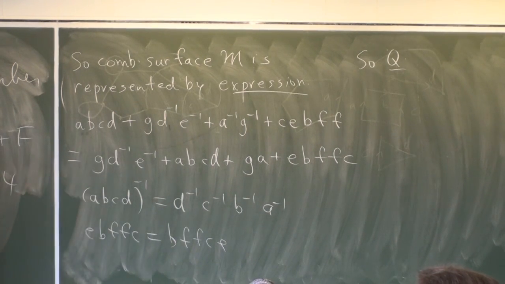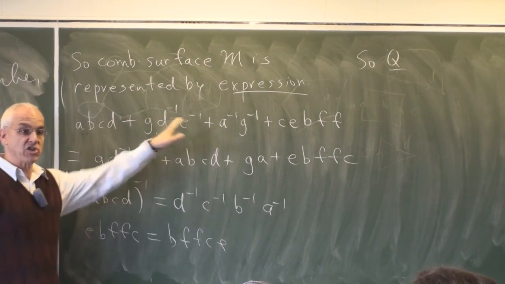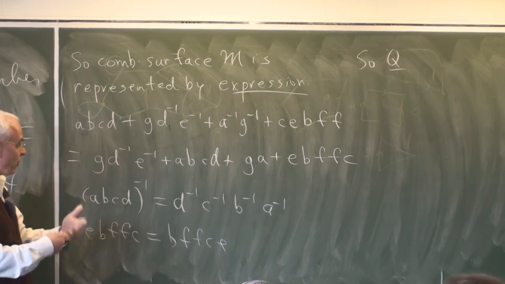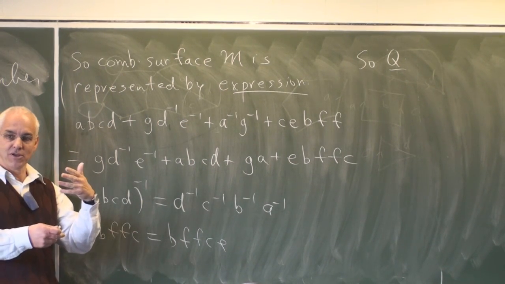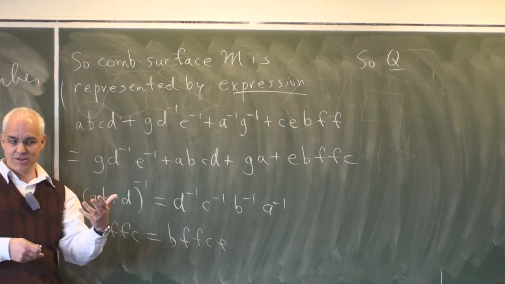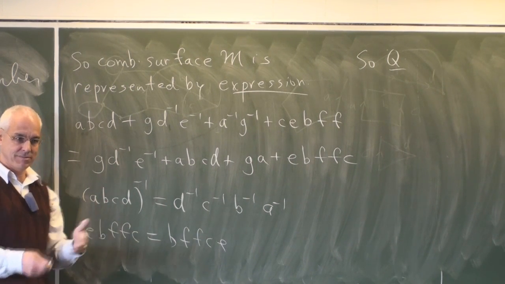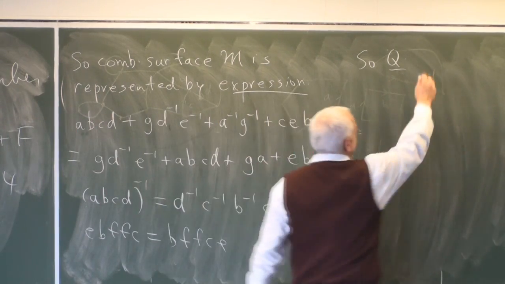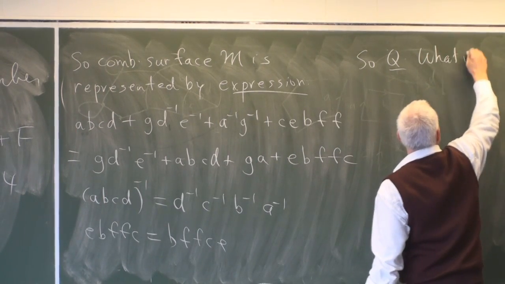One way of getting at that is to say a two-dimensional surface is really a word or an expression created with symbols, with certain rules that allow us to change the expressions, namely these kinds of rules. So the question is, what is a surface?